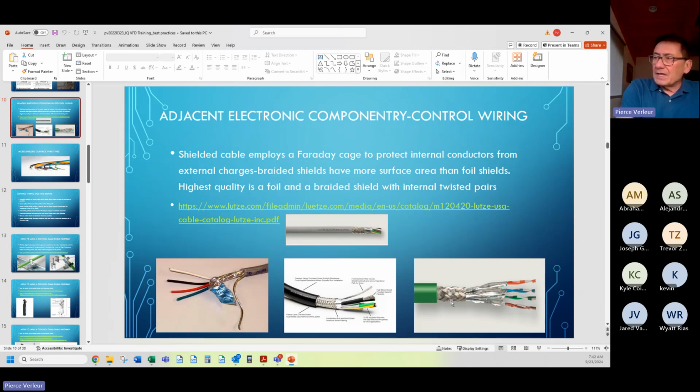So a braided shield and a foil shield, and then ideally twisted pairs for your communication or control. This may be your analog signal, plus or minus 10 volts or 4 to 20 milliamps, within an individual shield of foil and then a total shield of mesh. This is the best. Twisted pair, double shield.